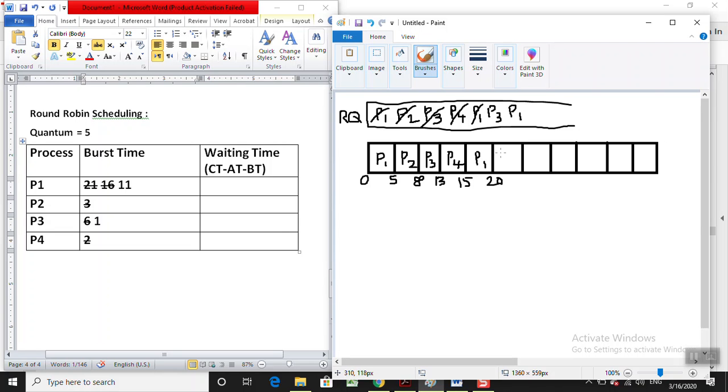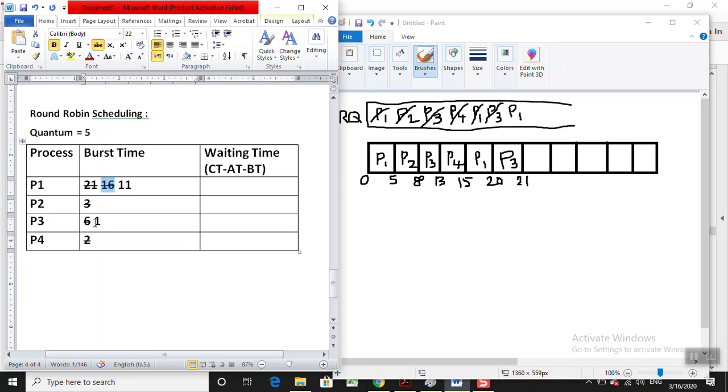Now P3 comes into the picture and will be scheduled for execution. How long will it continue? There is only 1 second to complete, so it will complete at 21 itself, and P3 has also finished its job.